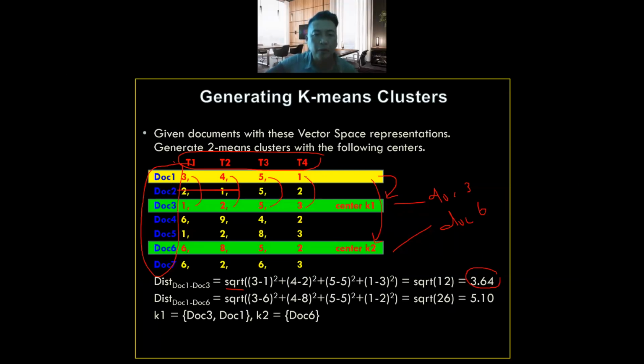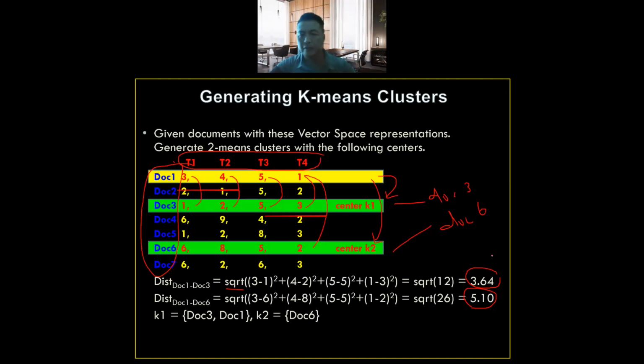Now I want to check the distance between document 1 and document 6, and I found that it is 5.0. The value is smaller for the most similar document.